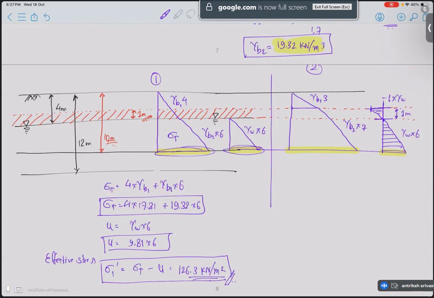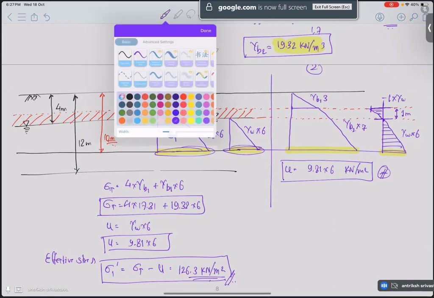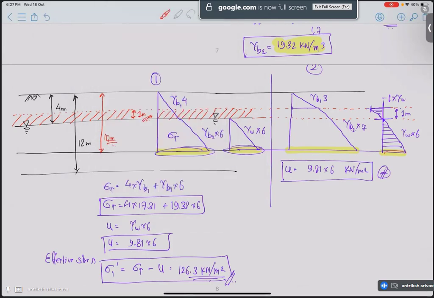In the second case, sigma T, as we said, pore water pressure is not going to be affected. So U is again 9.81 into 6, right, kilonewton per meter square. If you have doubt about why the pore water pressure is not affected, it should be affected. Remember that we are talking about stress, which is the value of the base of the triangle.